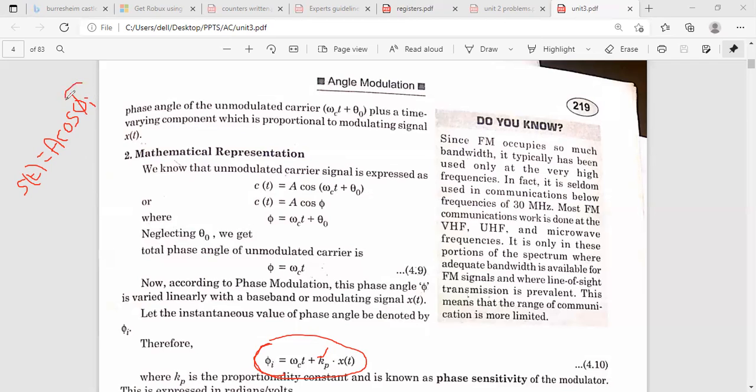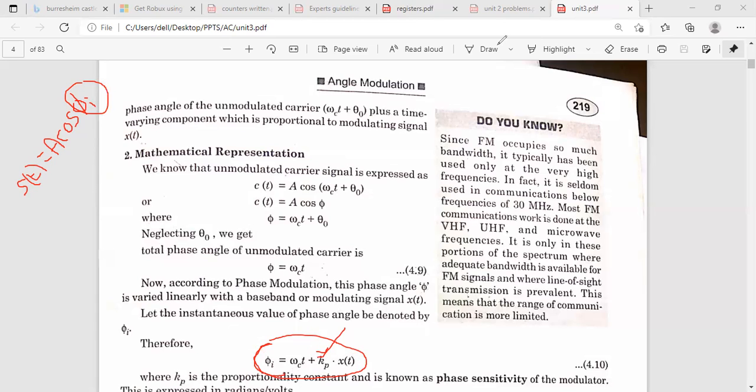Instead of this one you can write directly this one. So this is the standard expression for the phase modulated wave. The instantaneous angle will be varied with respect to this one. So here phi I is omega ct plus kp into x of t.